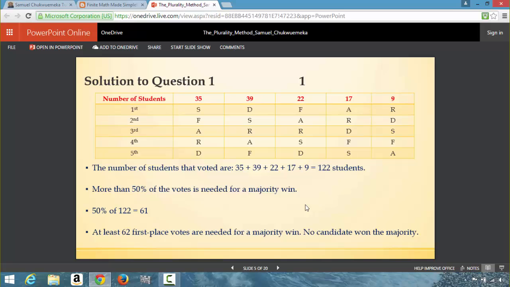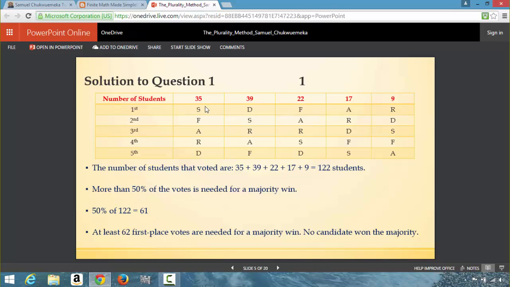More than 50% of the votes is needed for a majority win. 50% of 122 students is 61, so we need at least 62 first place votes for a majority win. 35 people ranked Stephen first. 39 people ranked Desmond first. 22 people ranked Felicity first. 17 people ranked Agatha first. And 9 people ranked Rita first.